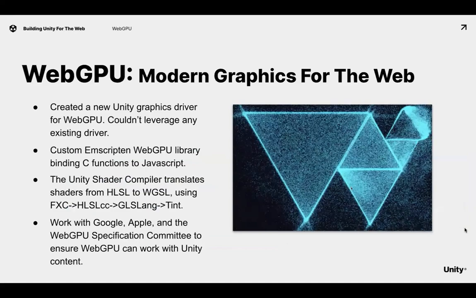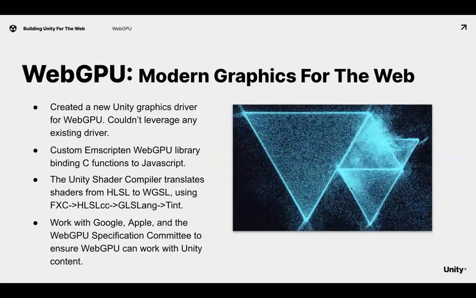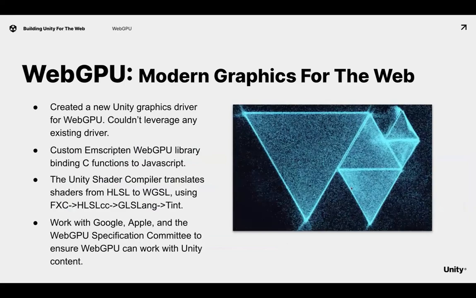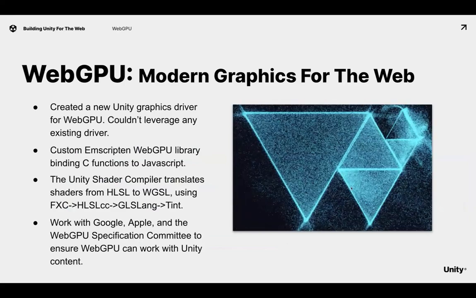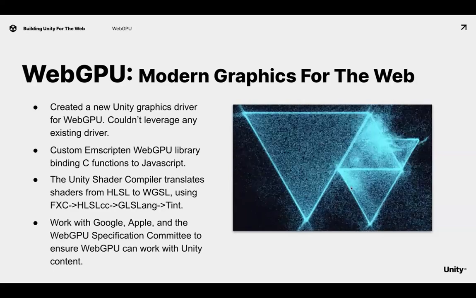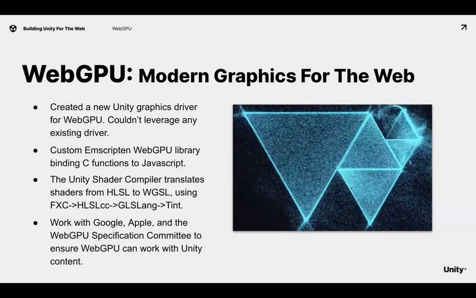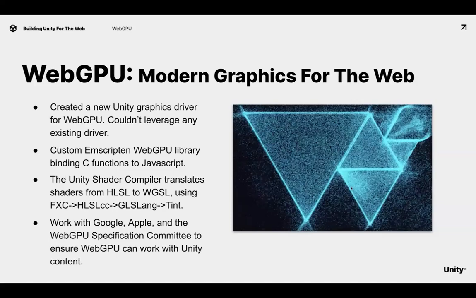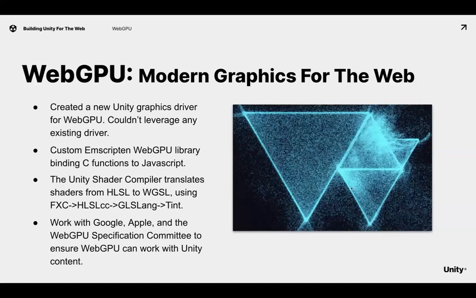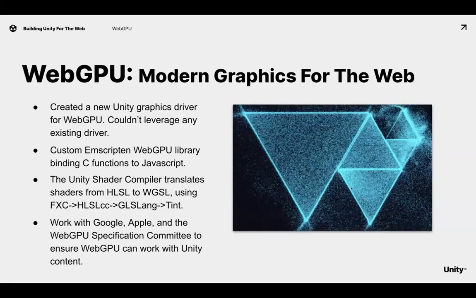So WebGPU is kind of my passion project for the last few years. WebGPU is a new graphics API for the web that is modeled after modern graphics APIs, so DirectX 12, Metal, Vulkan, that generation of graphics APIs.